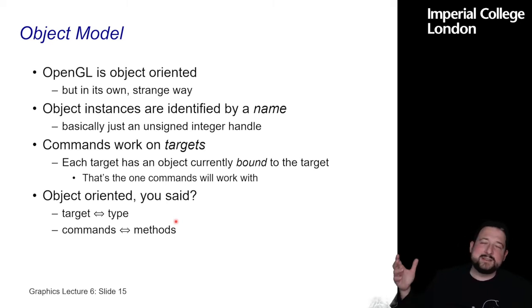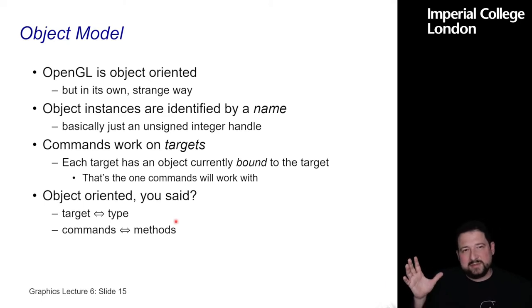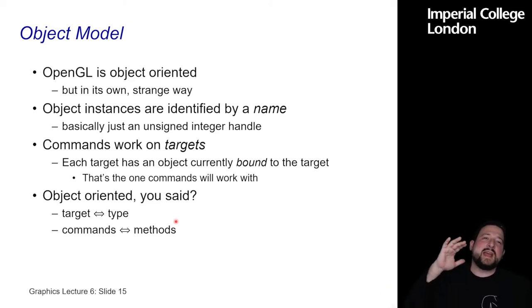And commands always work on targets. So each target has an object currently bound to the target. So you always need to make sure that you activate certain things before you issue that command, which will then be executed on these specific objects currently on that stack. Again, that's the one command that will work with all of these objects.